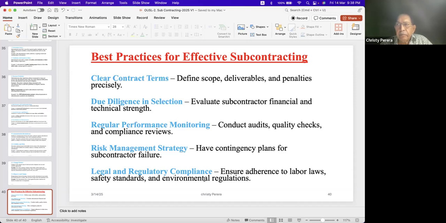Actually, I have given you in this lesson somewhere the monitoring and checks, right? So you will have to have some sort of concern about subcontracting. You'll have to monitor. You can put in an audit.